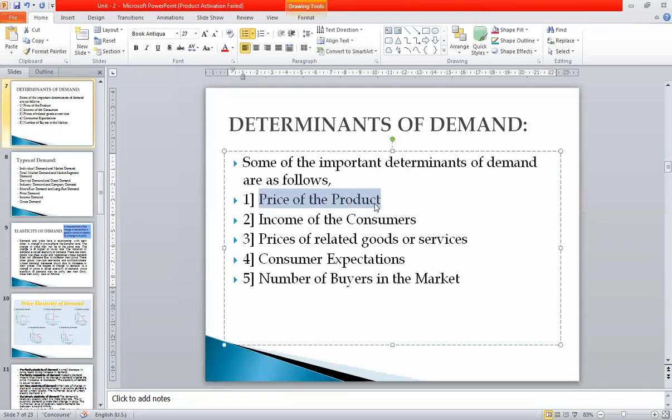If it is 30,000, you choose 35 or 40,000 if your income level is more, and 20 to 25,000 if your income level is low. That's why the income level of the consumers is also a primary factor. The price of the product is the first one, and the second is the income levels of the consumers.